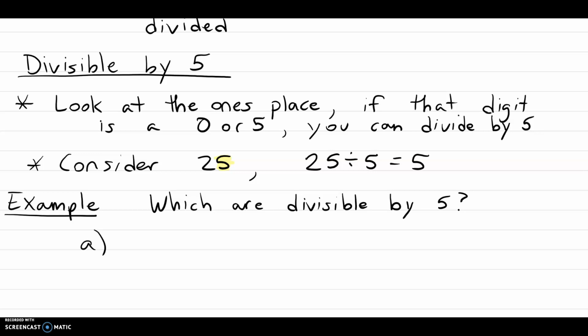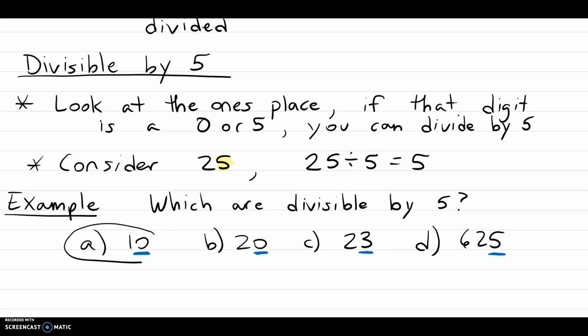So we've got 10, 20, 23, 625. So we want to look at the ones place value in each number. If that number is a 0 or a 5, you can divide that by 5.